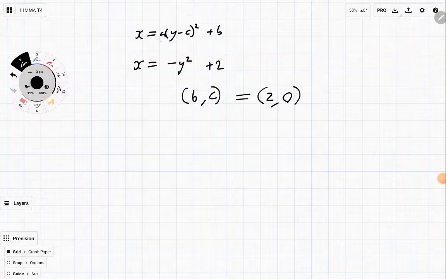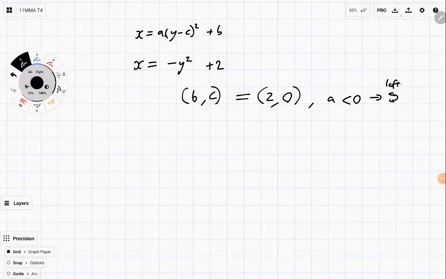Remember it switches, because we've switched x and y, so we should also switch b and c. So in this case, c is equal to 0, b is equal to 2, and a is equal to negative 1. So since a is less than 0, this tells us that it's going to be concave left.